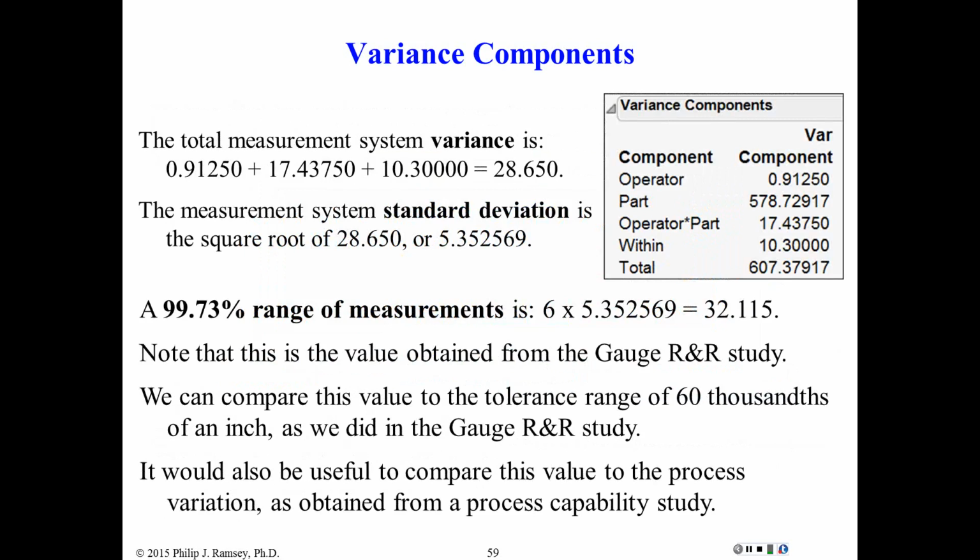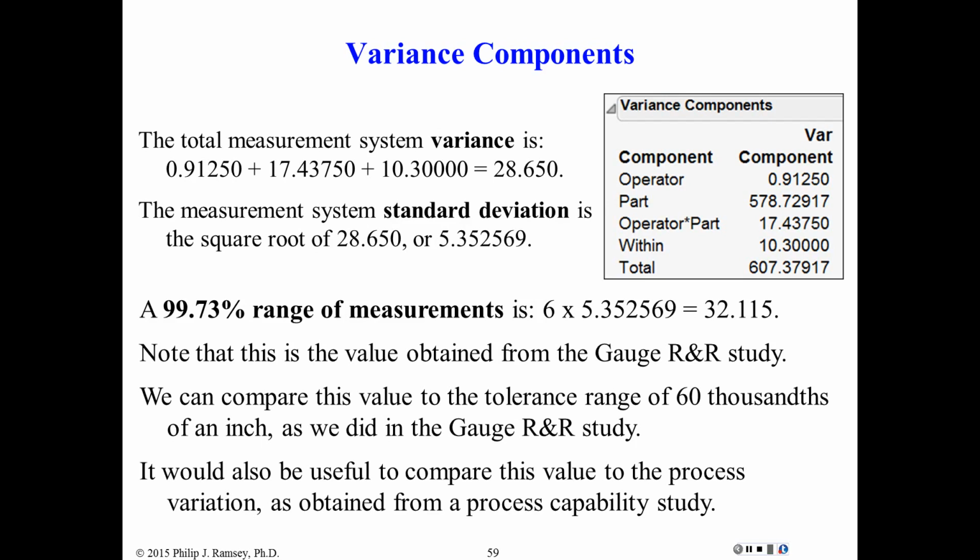So the total measurement system variance is the sum of the three components. This is not including part variation because we're only studying the measurement system. So we add up the variances, and the total is 28.65 for the measurement system.